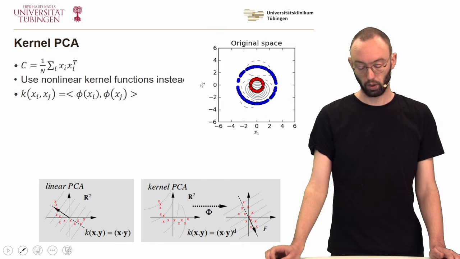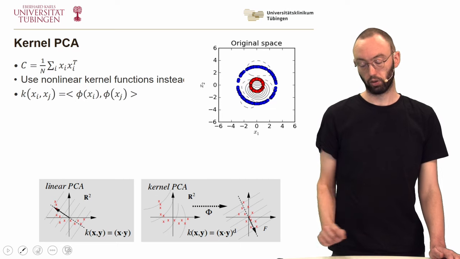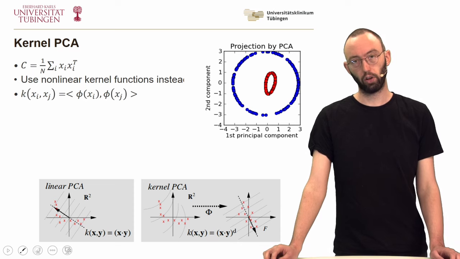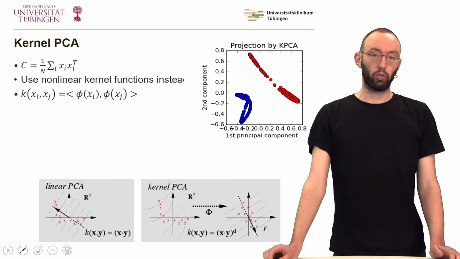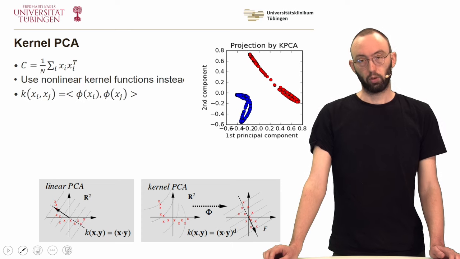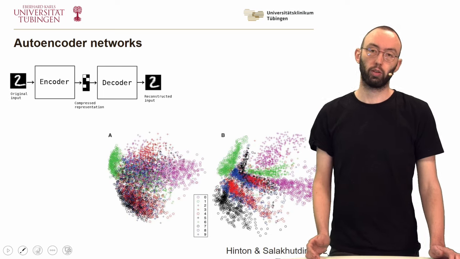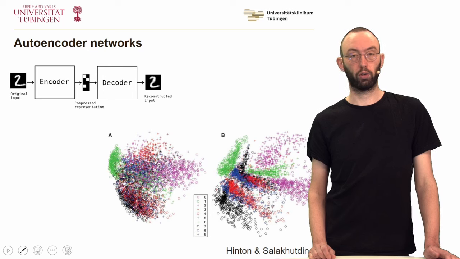By doing that, if you have data in the original space that is structured like this, so 2 circles, PCA doesn't change that structure. But if you were to do kernel PCA, then it would actually be able to unfold that with a proper nonlinear kernel.